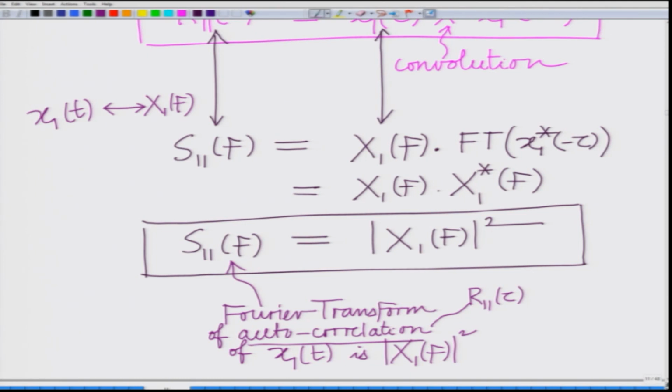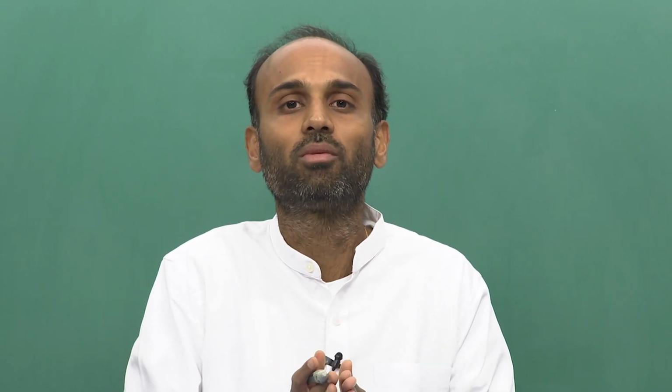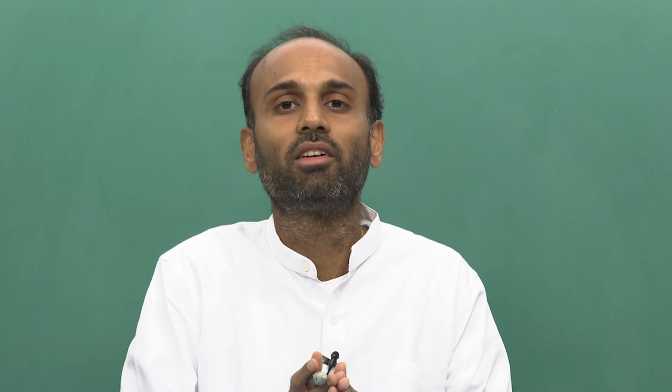So, what we have shown is a very interesting property. The autocorrelation function R11 of tau characterizes the self similarity of the signal x1 of t for a lag of tau. Its Fourier transform is nothing but magnitude x1 of f squared, where x1 of f is the Fourier transform of x1 of t.